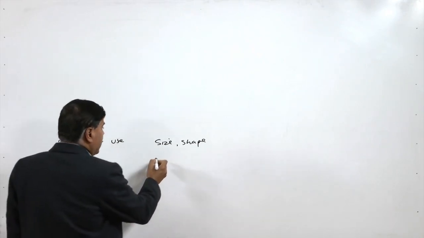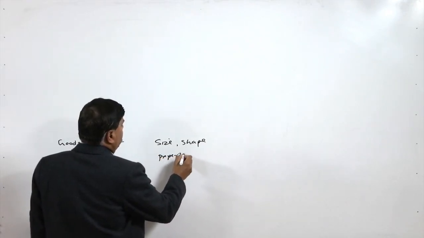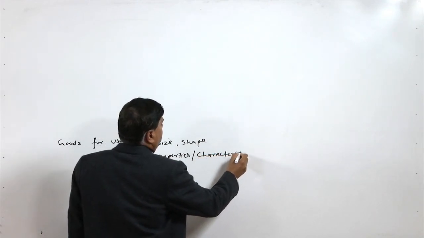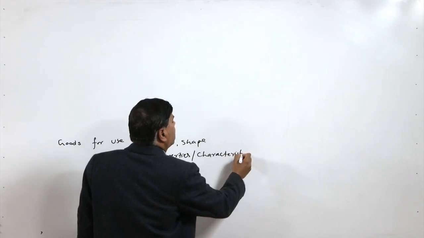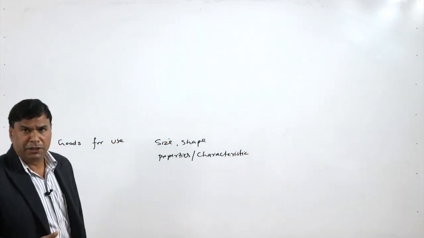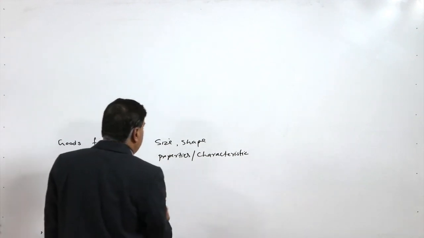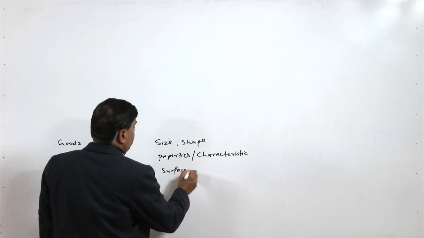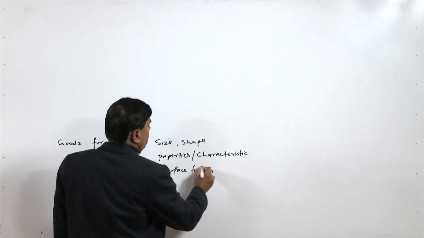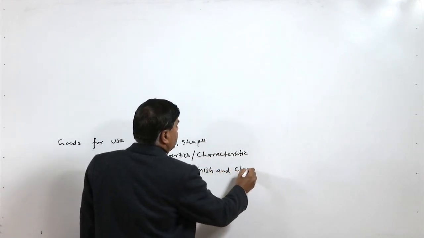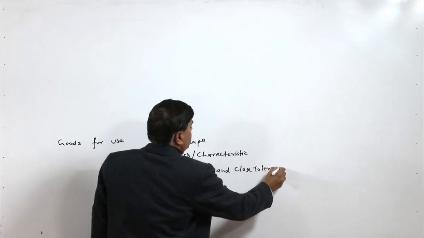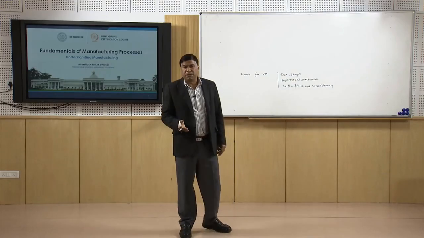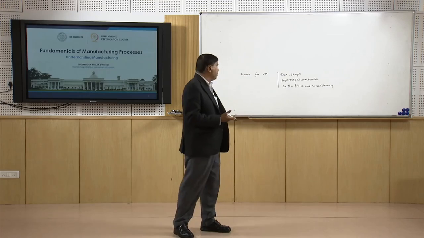They also have the desired properties and characteristics so that they can perform the desired function for long, so that life is good, as well as the desired surface finish and close tolerance. So, these are the three types of features which need to be there in any product which is being made for use by human beings.